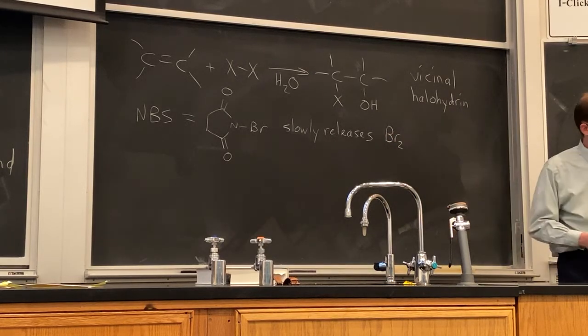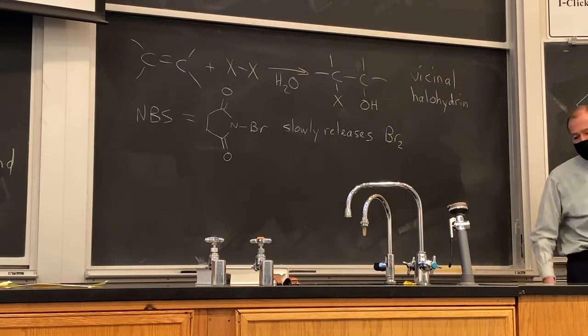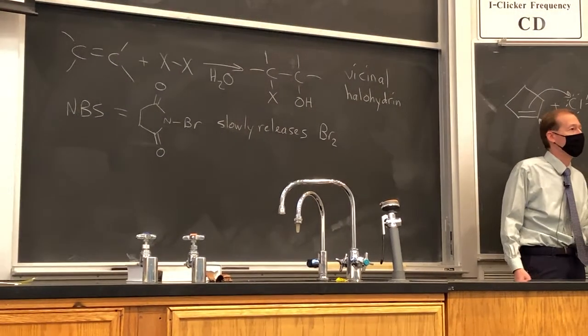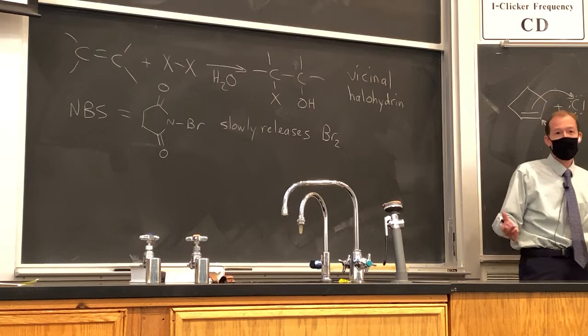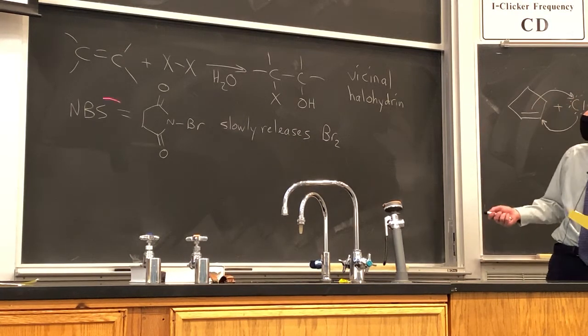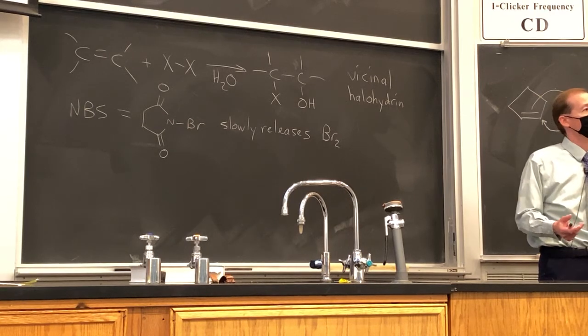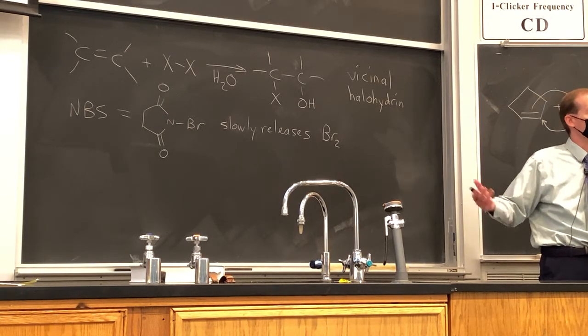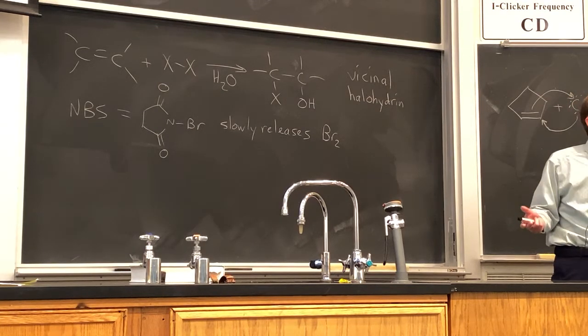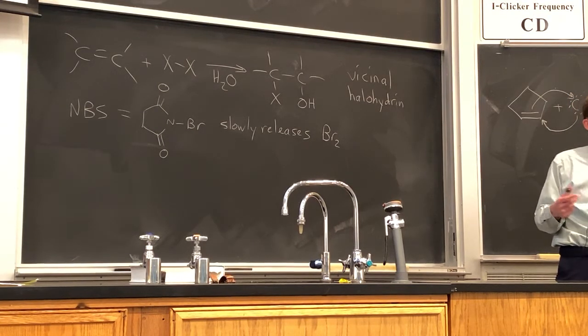Okay? Now, bromine, you guys were sitting far enough away probably to not smell it, but I got a double whiff of the bromine because I did the demonstration twice. It's not very pleasant. Bromine is a stinky molecule. NBS is an essentially odorless solid, much more convenient to work with. So in the lab, most people would use the NBS as opposed to the Br2 for this reaction.